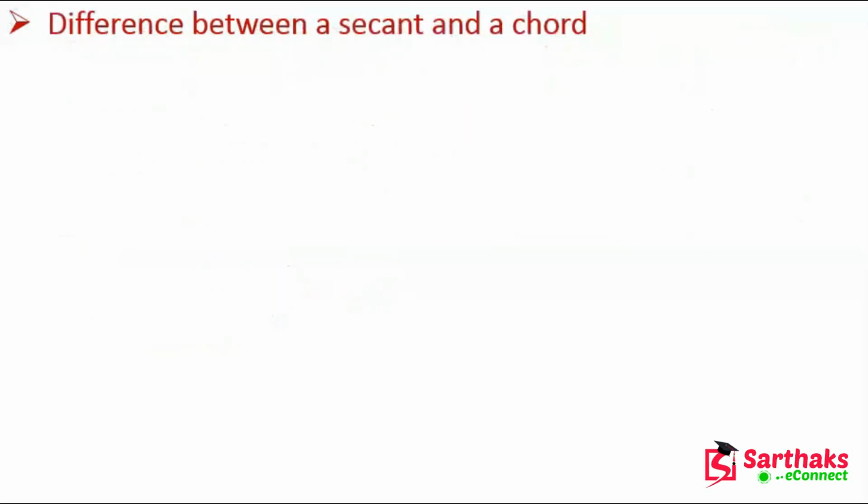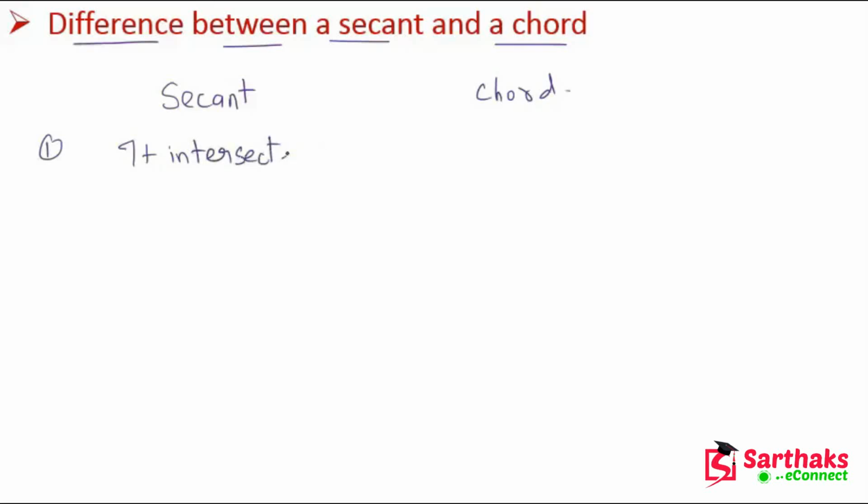Now let's talk about the difference between a secant and a chord. Here is the secant and here is the chord. The first point is that the secant intersects the circle at 2 points.